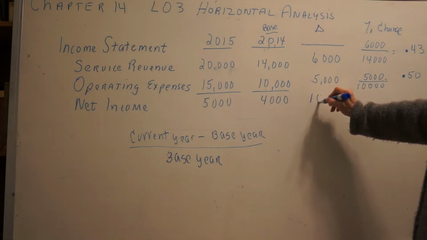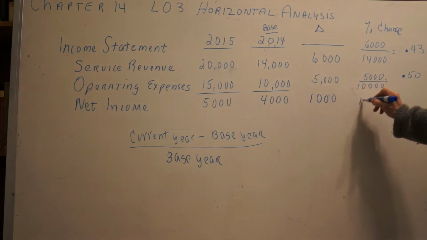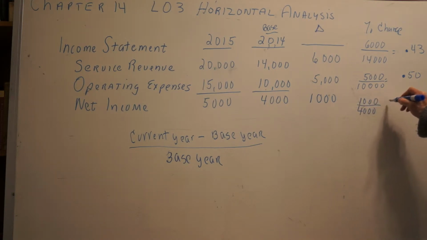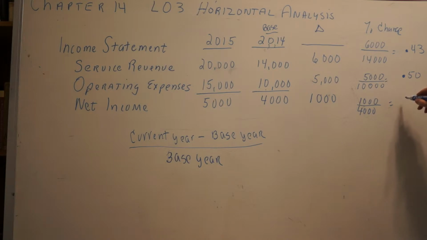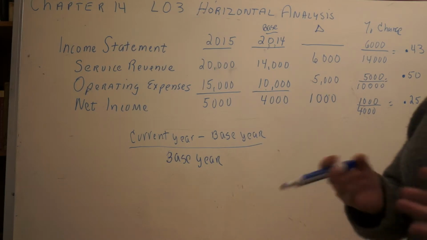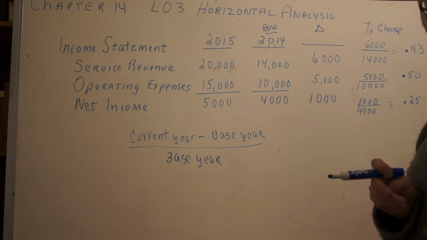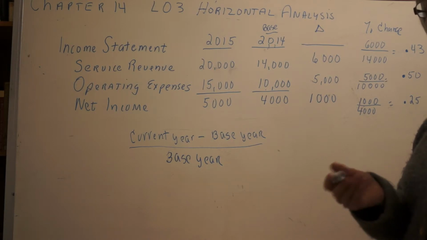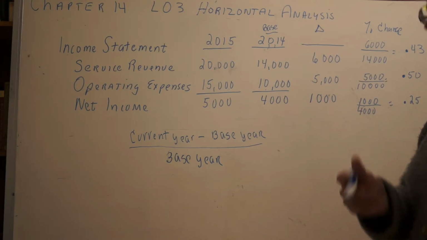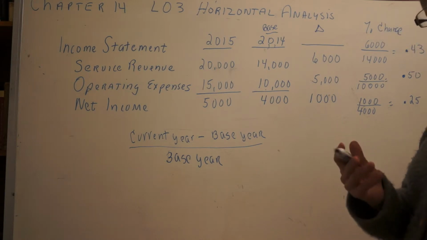The change is 1,000. Do the change divided by the base year amount, and that gives you your percent change, or 25%. Okay. We'll get to seeing what's the meaning of all this. I'm really just doing the mechanics in this section, and then when we do the exercises, we'll analyze it a little bit more. This is just the mechanics.